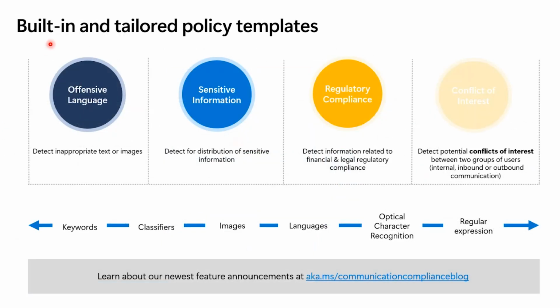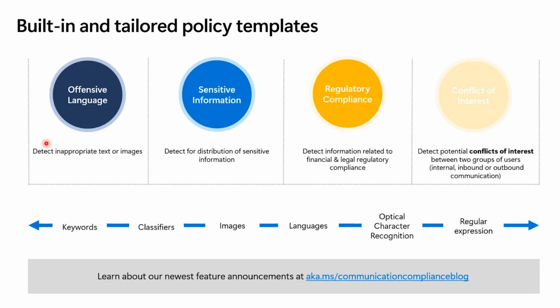As I was mentioning before, we have these built-in and tailored policy templates. So let's take the one of offensive language, for example. What that does is it's able to scan communications while they are happening, and in this case, it would scan for offensive language.